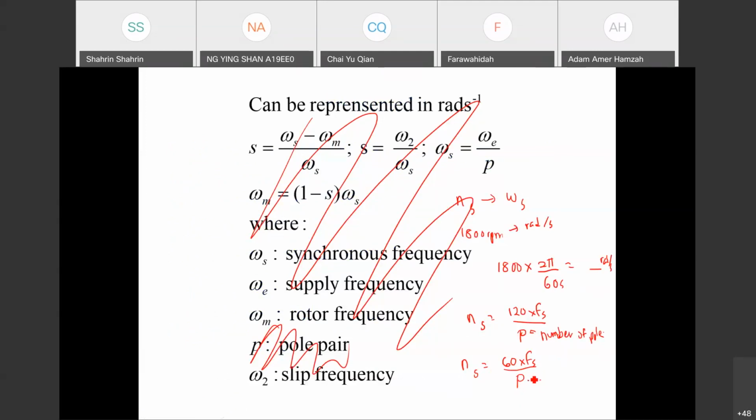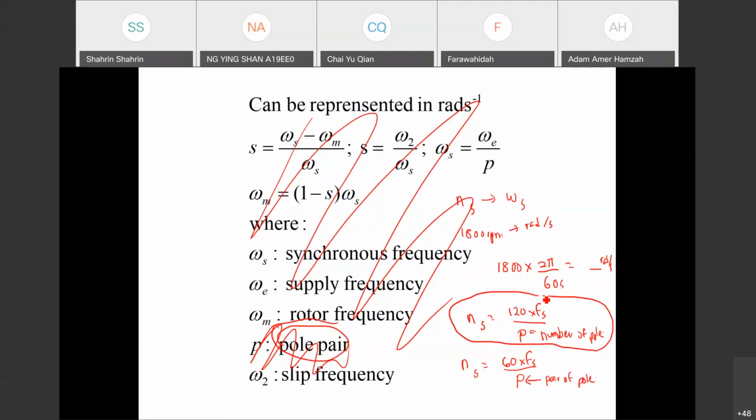If you are using 60, P is actually not the number of poles, but the pair of poles. I don't want you to be confused, so I just use this formula instead.